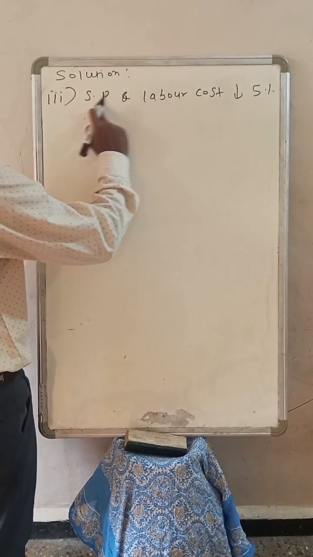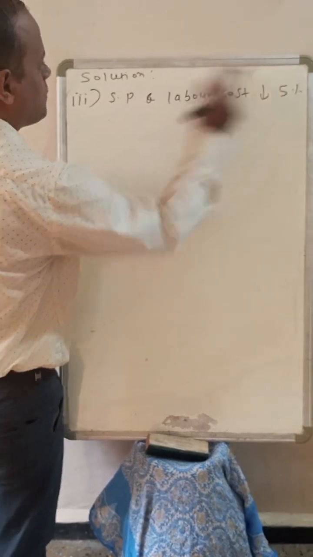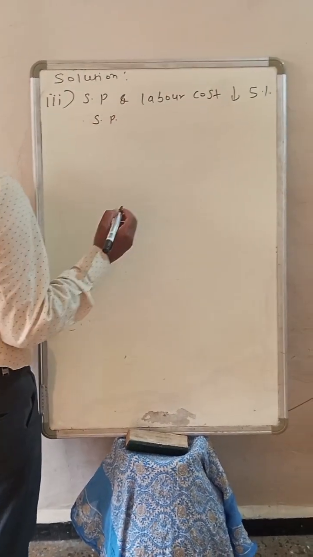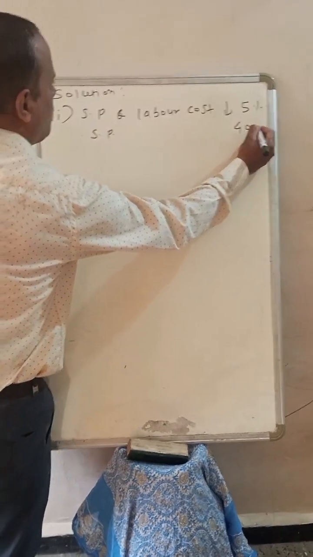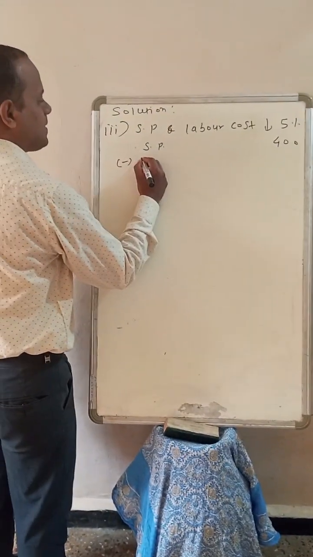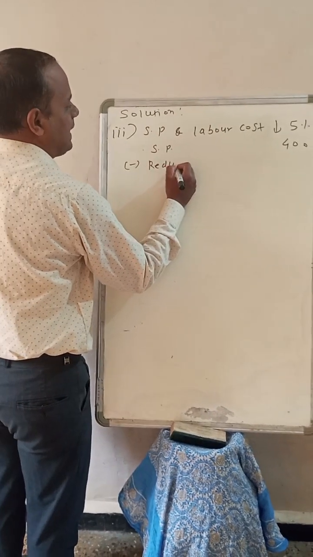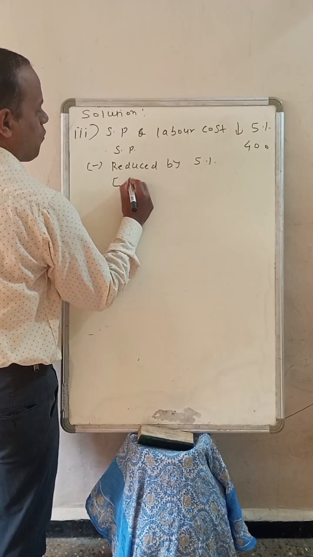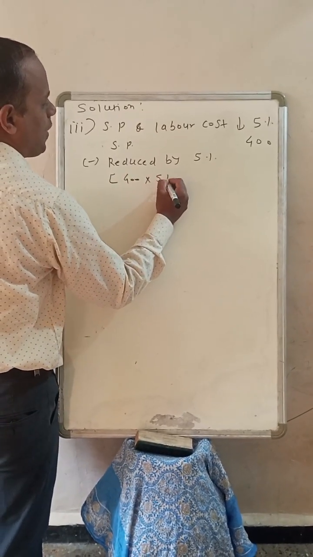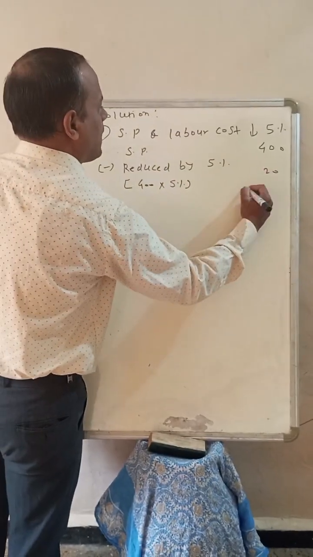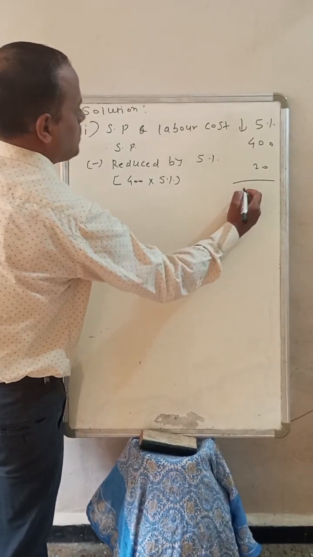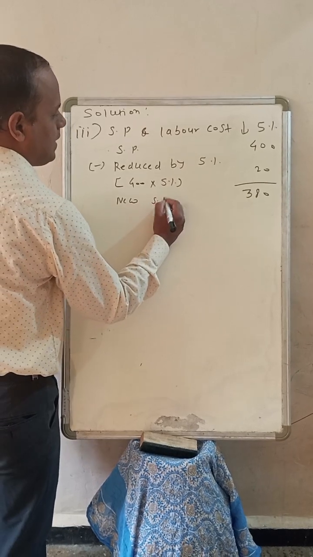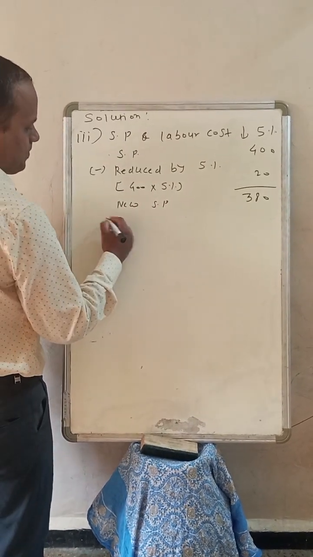Condition number 3. Selling price and labor cost both will reduce by 5%. The first one is selling price, which was rupees 400, less reduce or decrease by 5%. So 400 into 5%, that is 20. 400 minus 20, 380. It is called new or revised selling price.